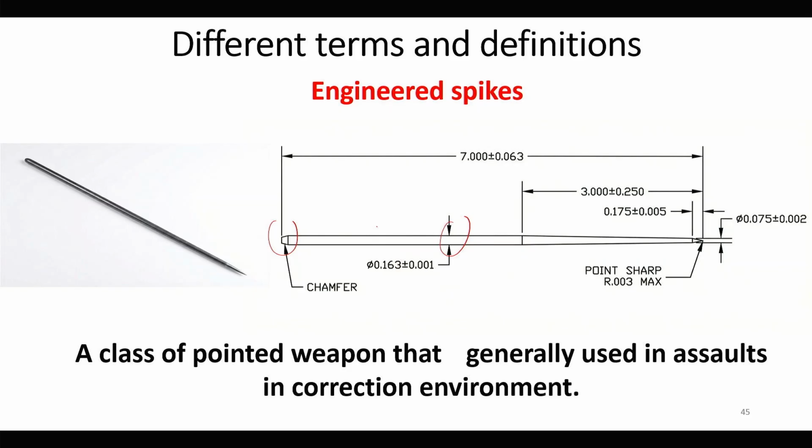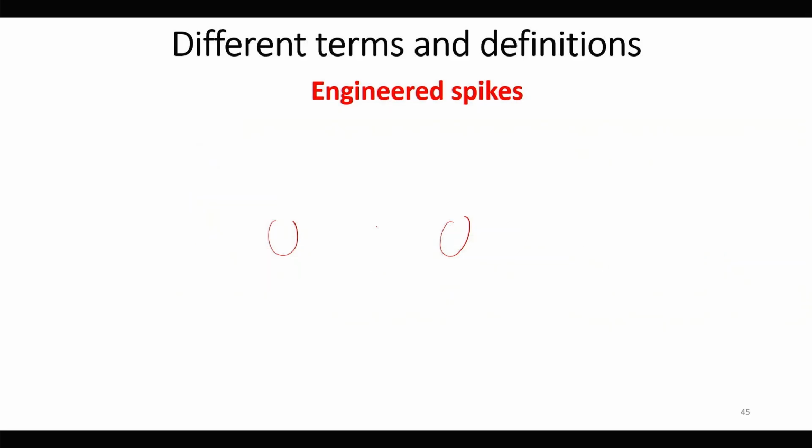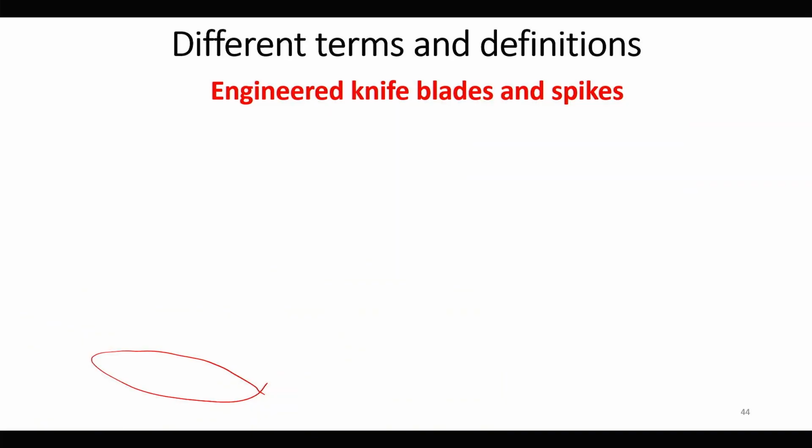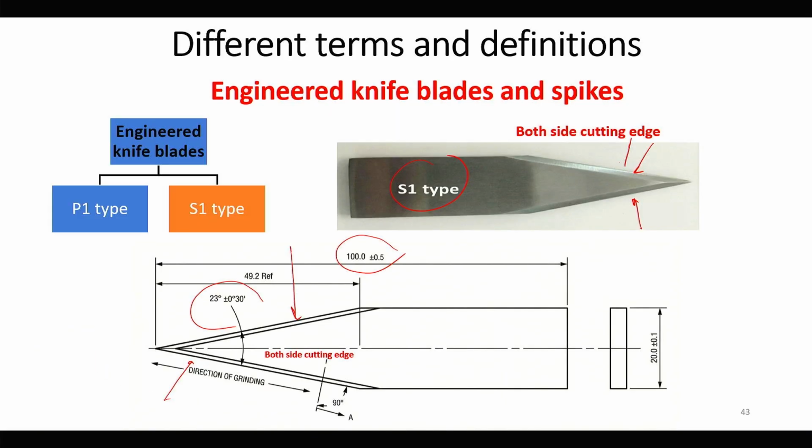Apart from that, the diameter is exactly the same, so we do not use witness paper here. But in the case of P1 and S1 type, like this S1 type, suppose there is a penetration, this is the witness paper, this is the length of the cut, and if we know the angle, from this dimension we can calculate the depth of penetration.